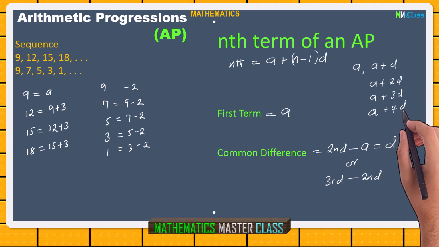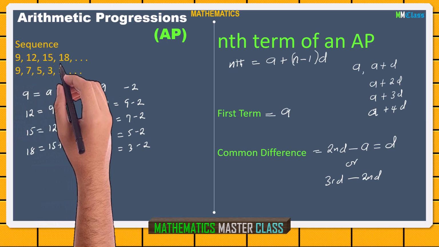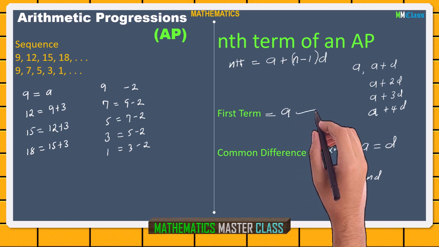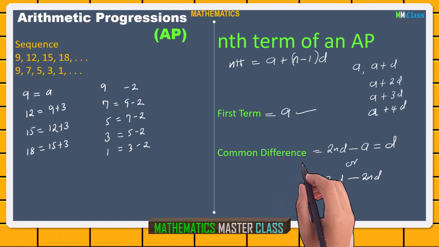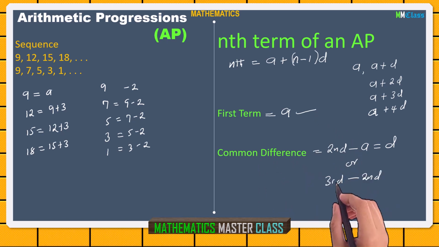What you should understand first in this class is that the first number in the sequence of an AP is referred to as the first term, and it is denoted with A. The second thing is that the common difference is given as the second term minus the first term, or the third term minus the second term, or the fourth term minus the third term, in that order.